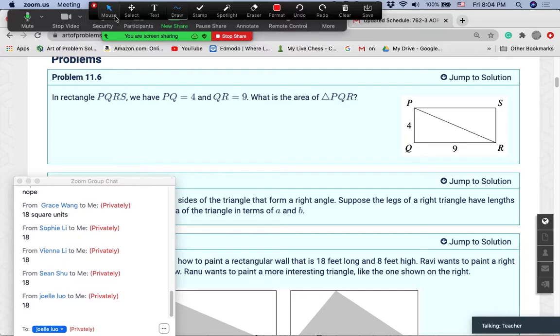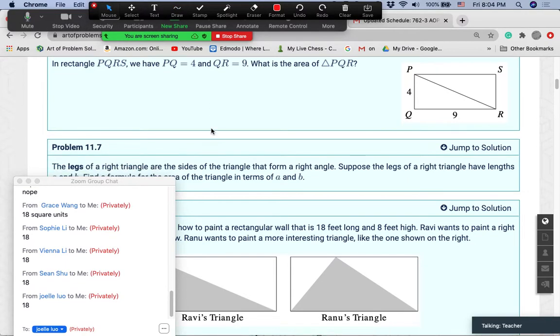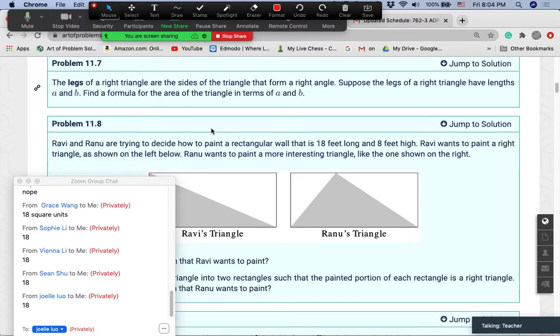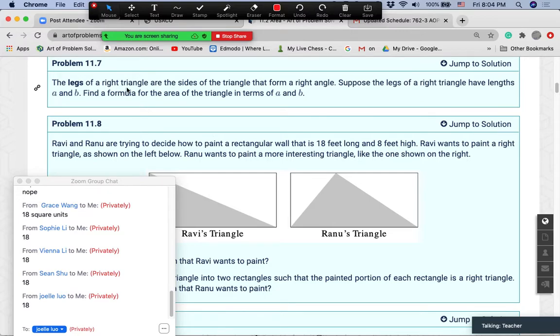Okay, so now let's go to the next example, 11.7. This problem says the legs of a right triangle are the sides of the triangle that form a right angle.